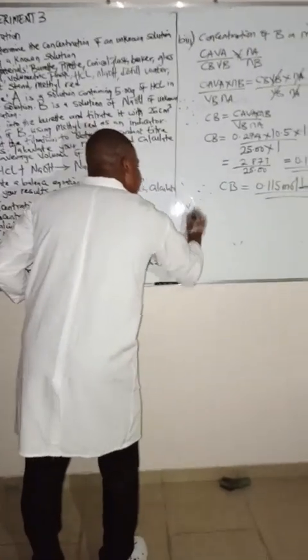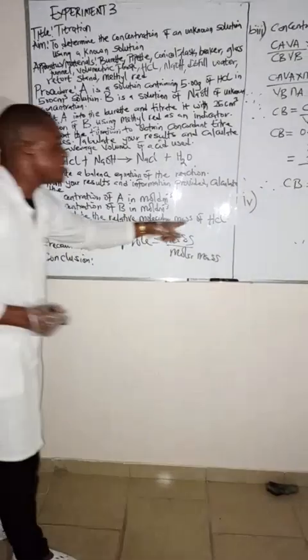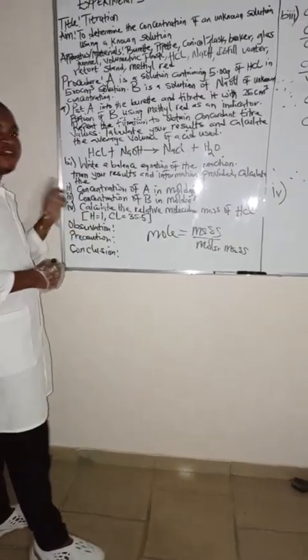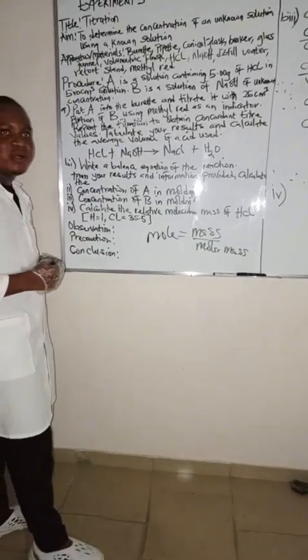Are you following? Yes. Now the next thing you are asked to calculate is IV. They say calculate the relative molecular mass of HCl, the acid. This one is very simple.